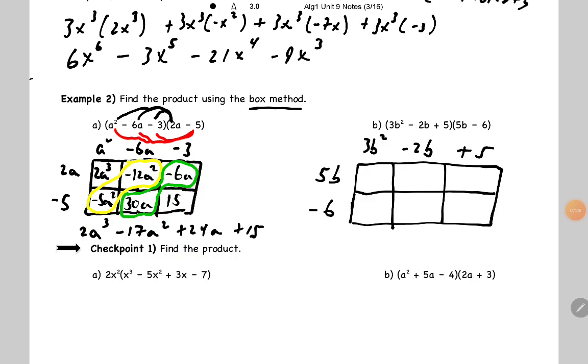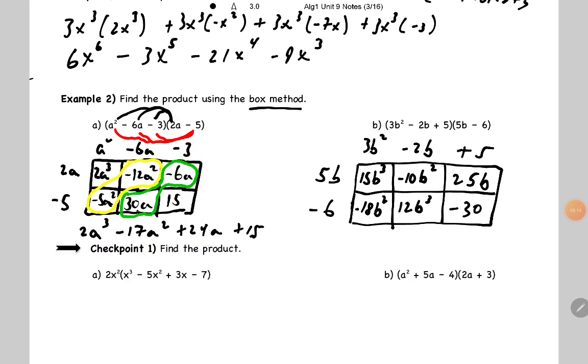I'm looking at the top left corner. 5b times 3b squared is 15b cubed. 5b times negative 2b is negative 10b squared. 5b times 5 is 25b. Okay, negative 6 times 3b squared is negative 18b squared. Negative 6 times negative 2b is positive 12b. And negative 6 times 5 is negative 30.